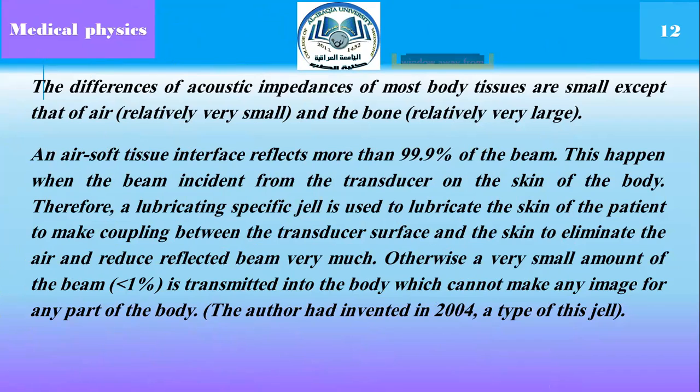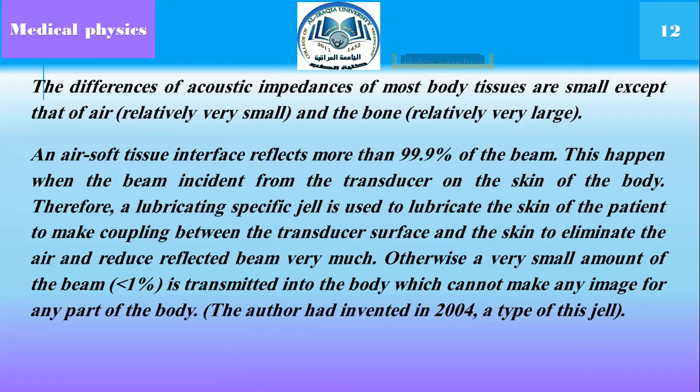Therefore, a specific lubricating gel is used to lubricate the skin of the patient to make coupling between the transducer surface and the skin, to eliminate air and reduce the reflected beam very much.